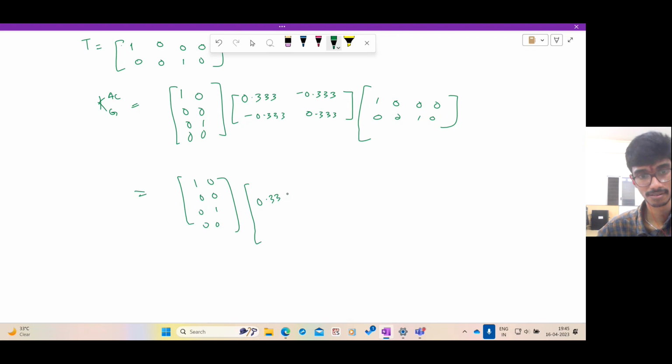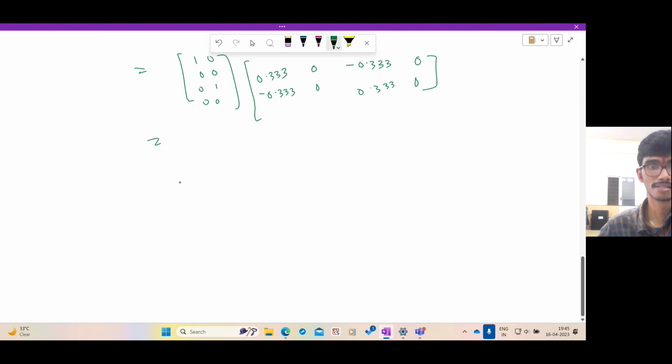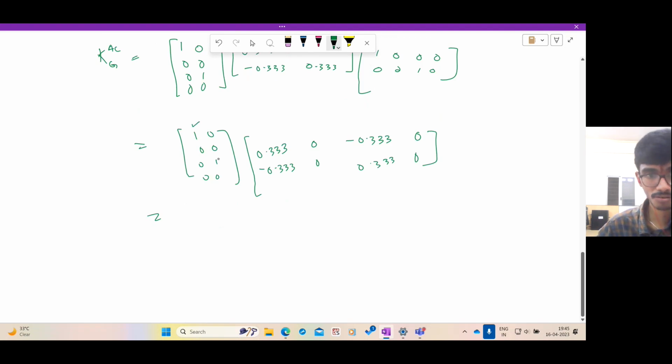So you'll get 0.333, minus 0.333, 0, 0, minus 0.333, 0.333, 0, 0. Do the multiplication again. What does this do? This one picks the first row, this one picks the third row, and adds 0 rows in it.